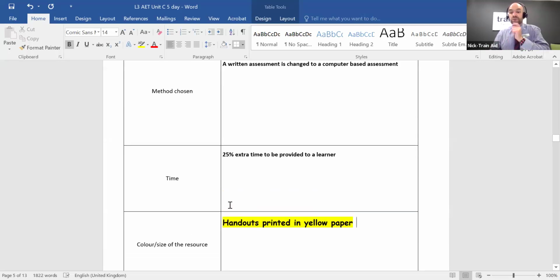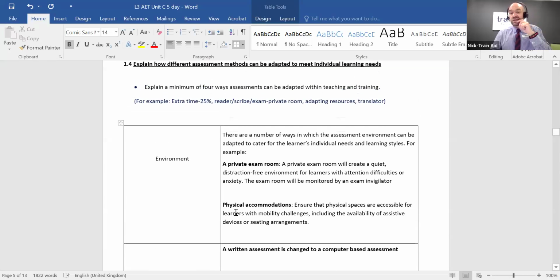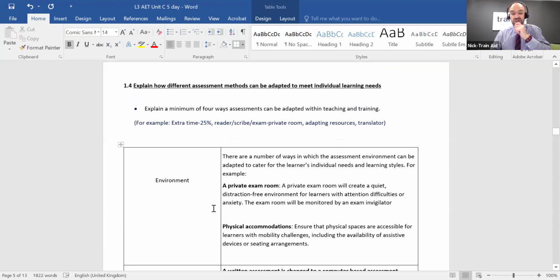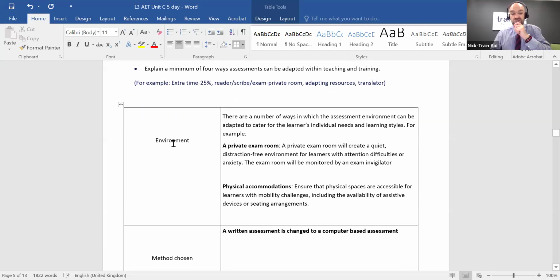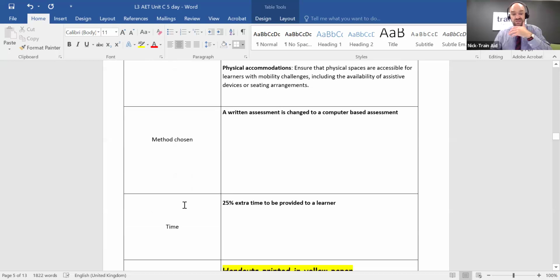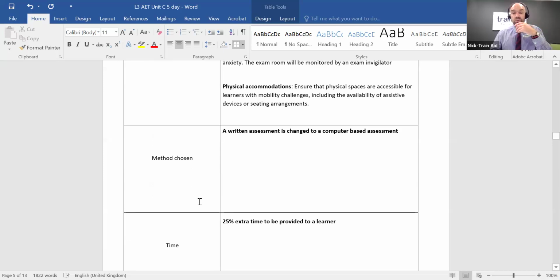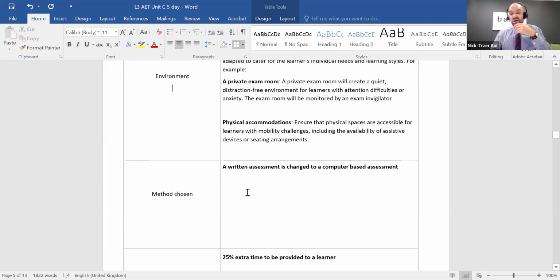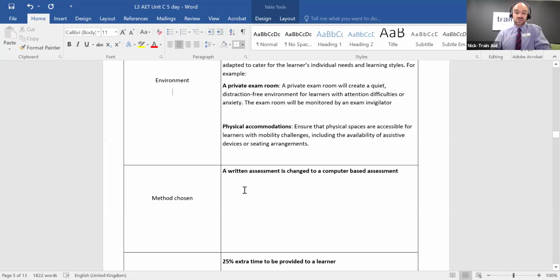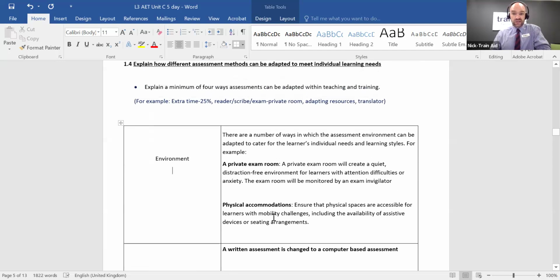So those would be my four areas of changing assessment and making adaptation as well. And you can of course change these if you've got different suggestions. We've got environment, method chosen, time, color, size of the resource. You can change those. But once again, we're looking for 2 to 3 lines per section. So giving just one example is absolutely fine there.